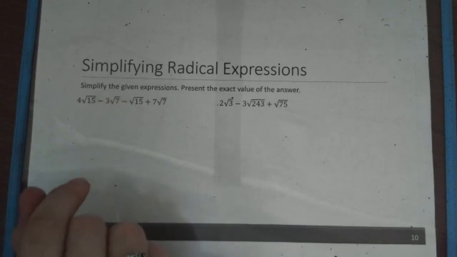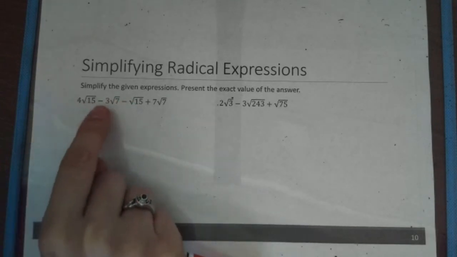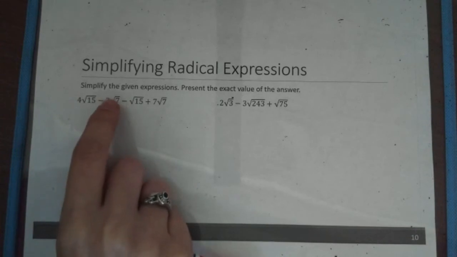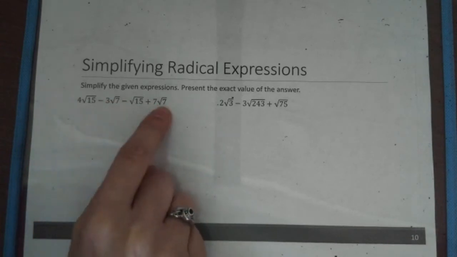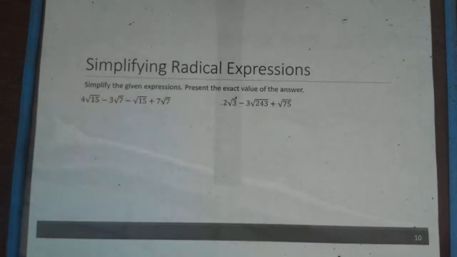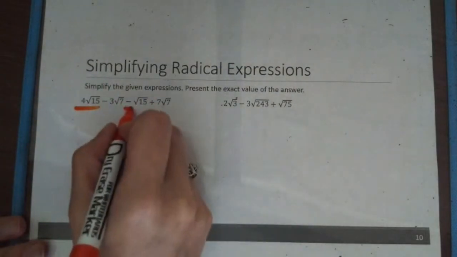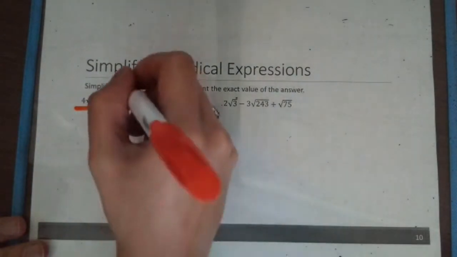But they also have to have the same radicand, the same thing underneath the radical symbol. So they both need to have a square root of 7, or they both need to have a square root of 15 in order for us to combine them. In this case, we have 4 square root of 15 minus a square root of 15.